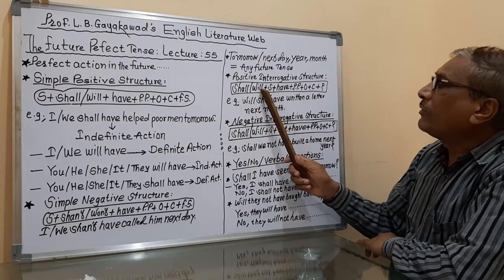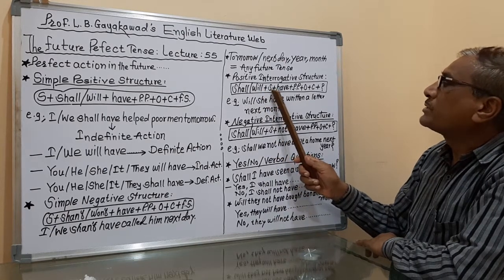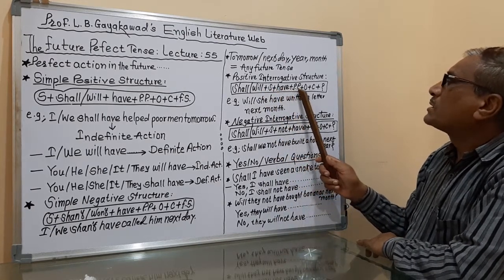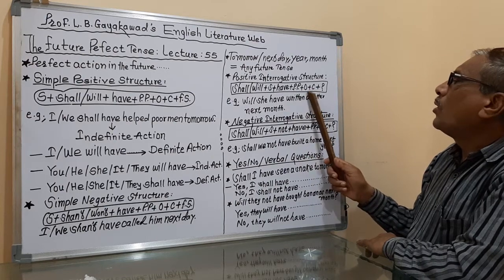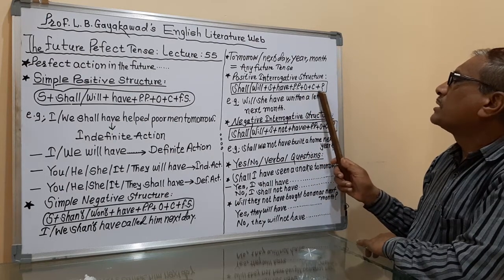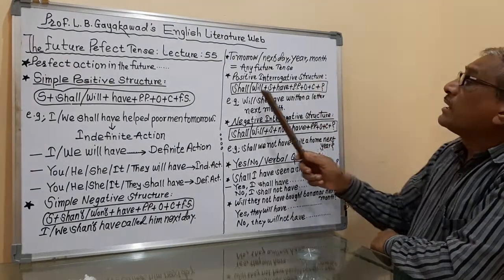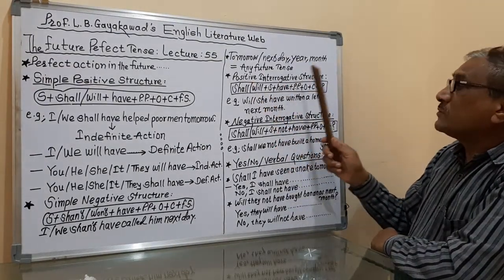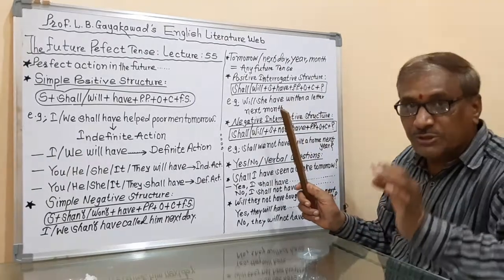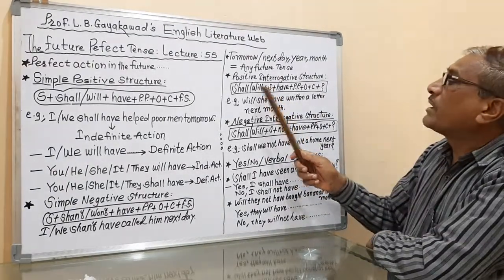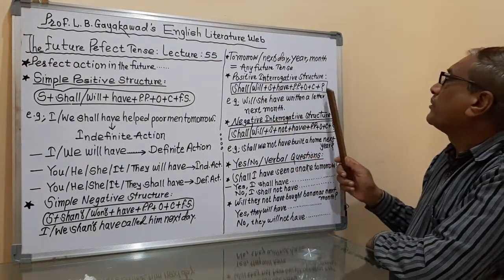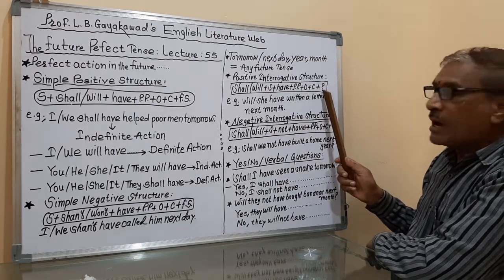Shall or will plus subject plus have plus pp plus o plus c plus question mark, because this is the question structure, and that's why here we have given the question mark.